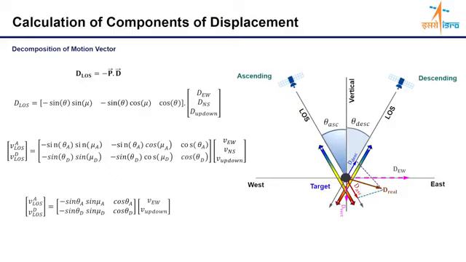So considering the practical as well as the theoretical combination, we are ignoring something, and within that assumption the final equation is this, which tells us we are able to calculate the east-west horizontal component of the displacement vector, and the up and down, that is the vertical component of the displacement vector.